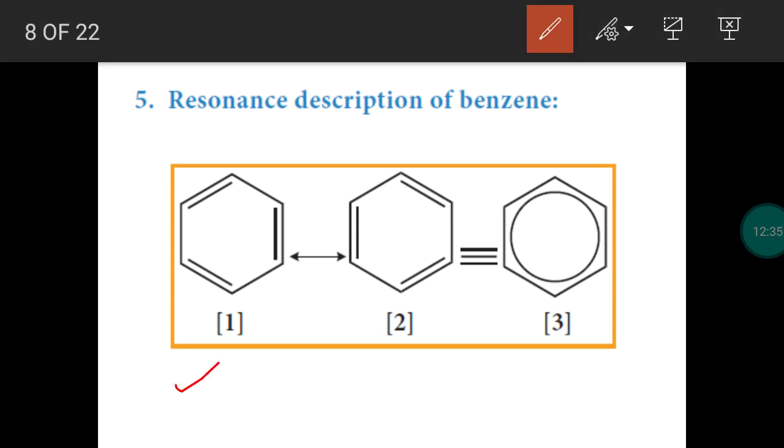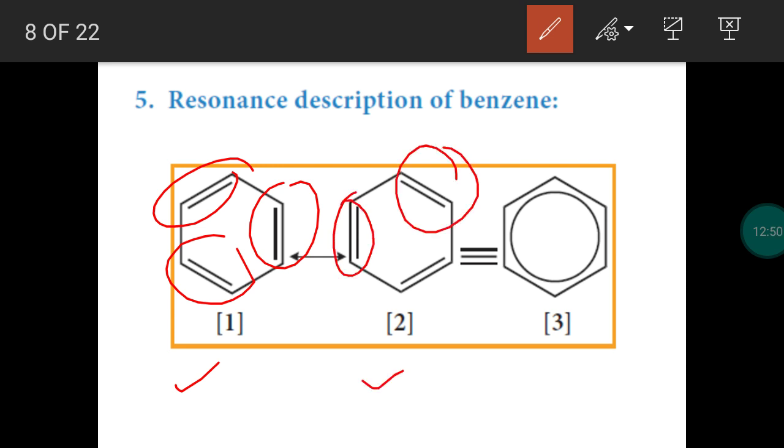So benzene has a cyclic structure, with 3 double bonds present in the benzene ring. The position of the double bond can be different. So compare structure 1 and 2. The position of the double bond is different. So this will lead to resonance.